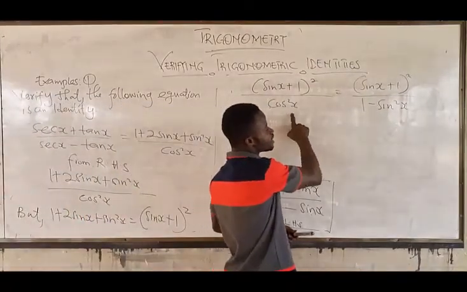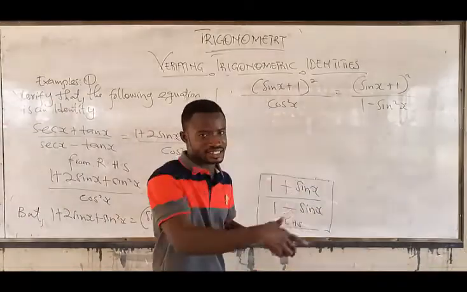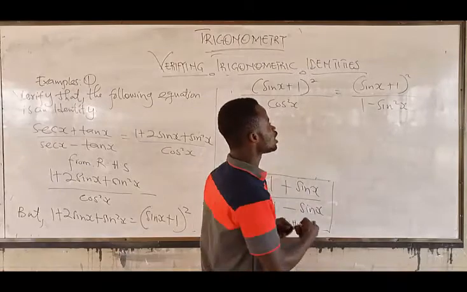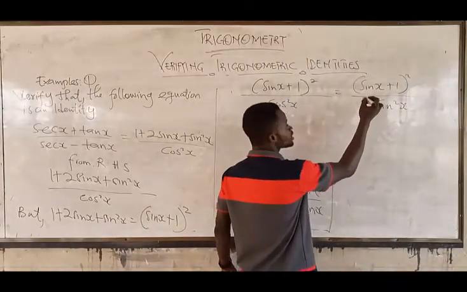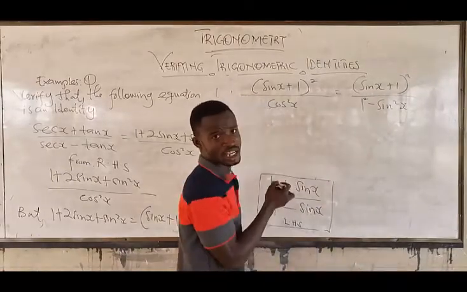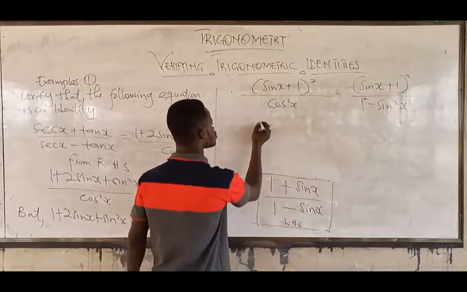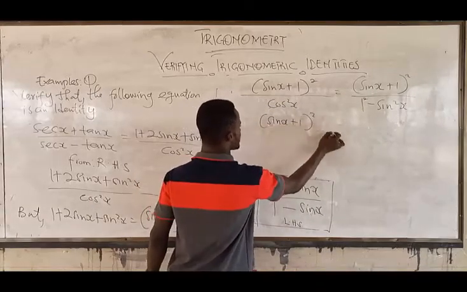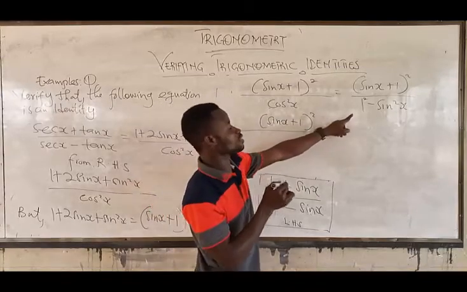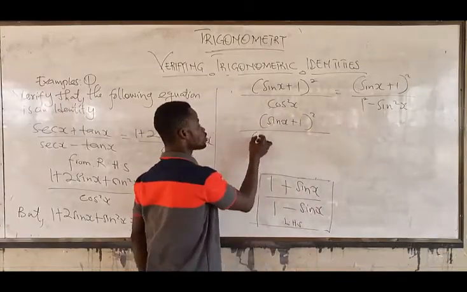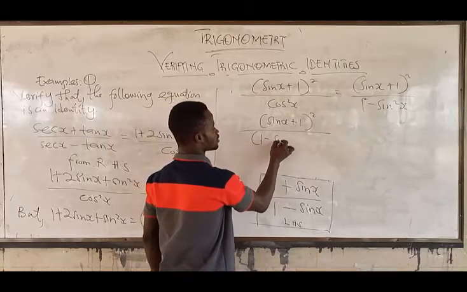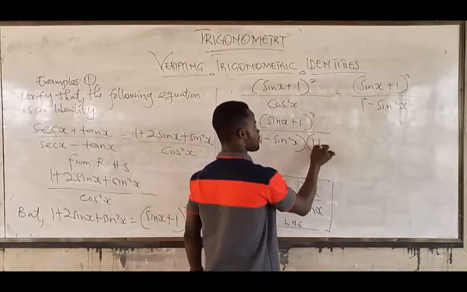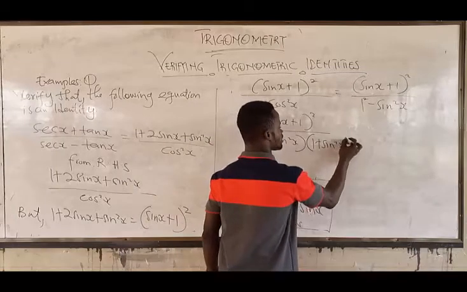But this, from the Pythagorean identity, is the same as the one we have on the denominator. But also this is a difference of 2 squares, because we can square the 1. So sine x plus 1 whole squared, the denominator is going to be the same as 1 minus sine squared x, 1 plus sine squared x.